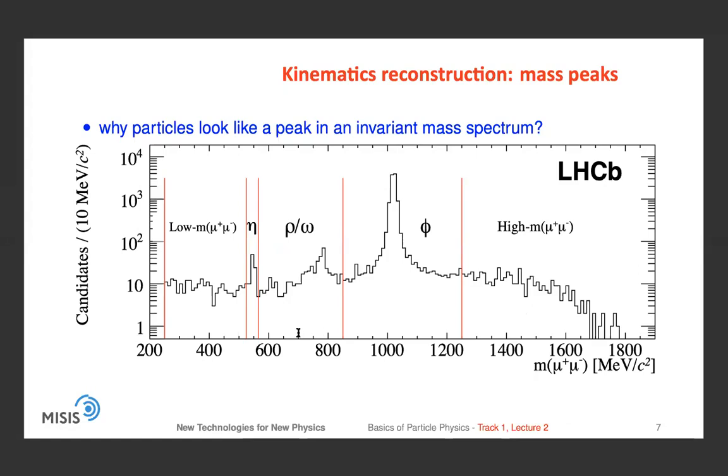As you can see, in principle the spectrum is more or less flat with several peaks: the eta meson, then this one corresponds to rho and omega, this one corresponds to phi, and the leftover tail here is referred to as high mass dimuon, though in principle it's not very high mass, it's like 1 GeV and above. And the question is why particles look like a peak in an invariant mass spectrum.